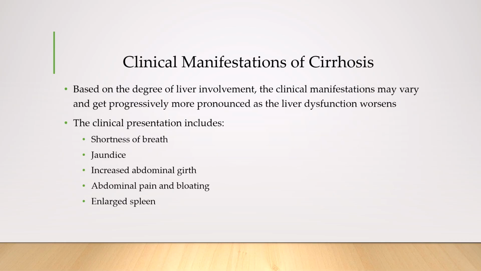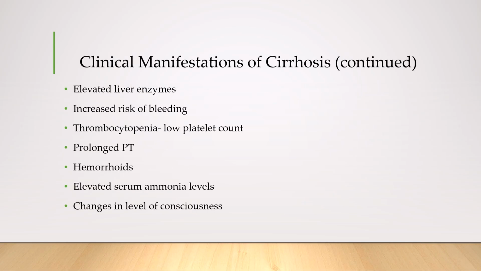Some clinical manifestations of cirrhosis. Based on the degree of liver involvement, the clinical manifestations may vary and get progressively more pronounced as the liver dysfunction worsens. So, clinical presentations include shortness of breath, jaundice, an increase in abdominal girth, abdominal pain and bloating, and an enlarged spleen.